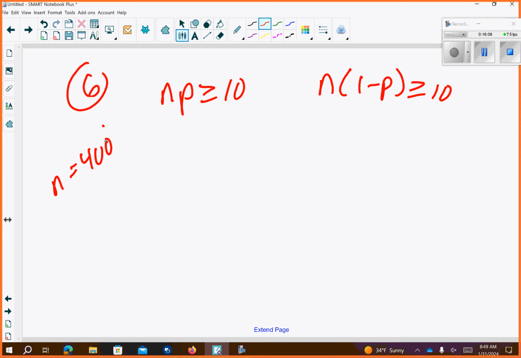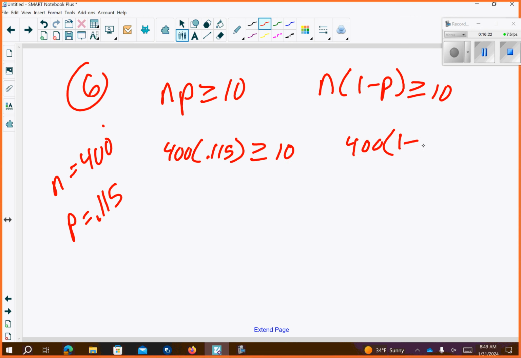Our p-value was 0.115. So 400 times 0.115, is that greater than 10? And is 400 times 1 minus 0.115 greater than or equal to 10?